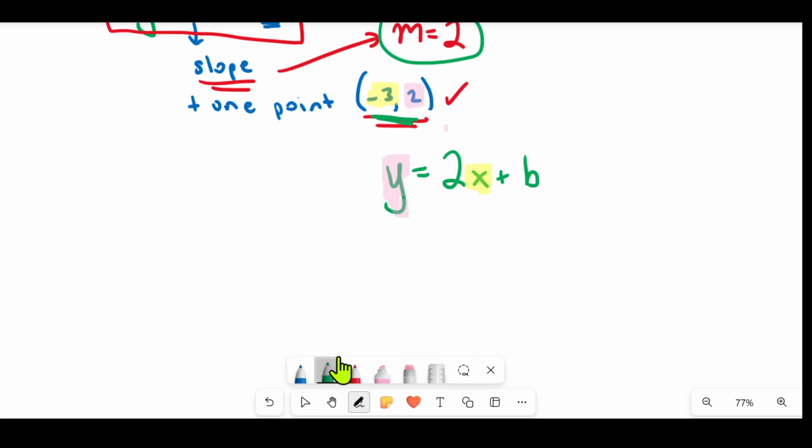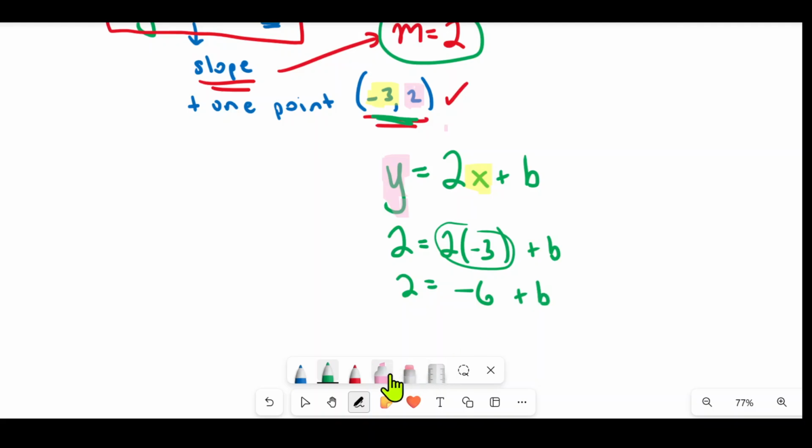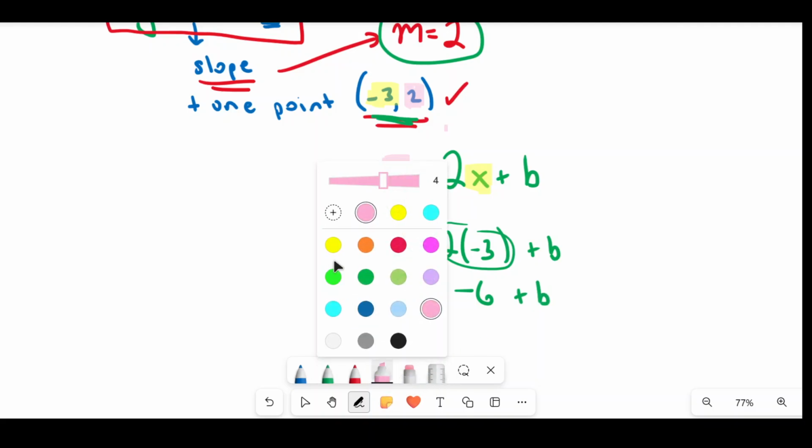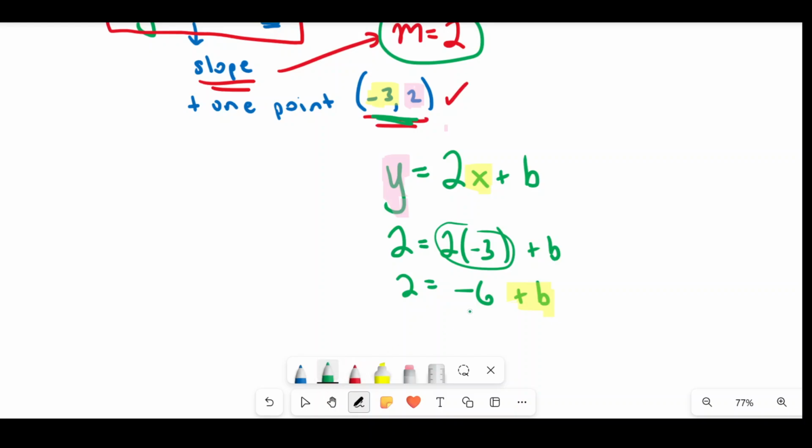So y is 2. There's the slope. X is -3. And I still don't know b, but now I can solve for it. So I have 2 multiplied by -3. So 2 times -3 is -6. And now to solve for b, I just need to isolate b. So there's b. So I'm going to remove this subtraction by 6.